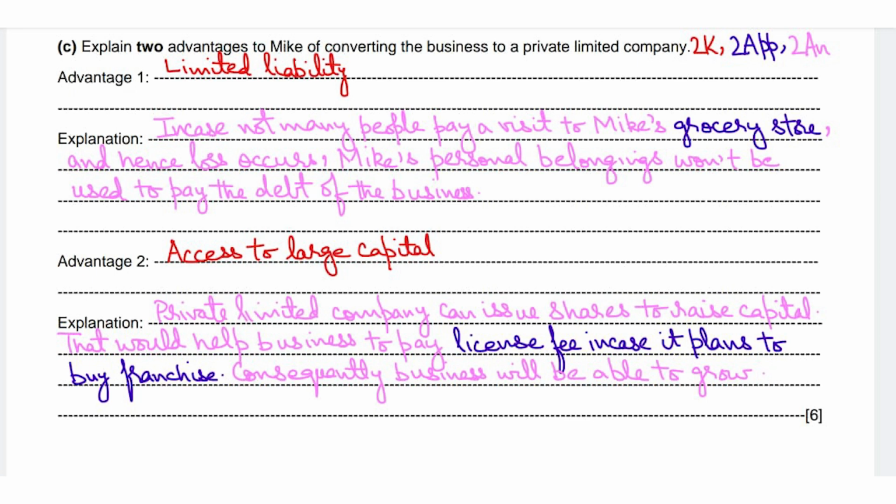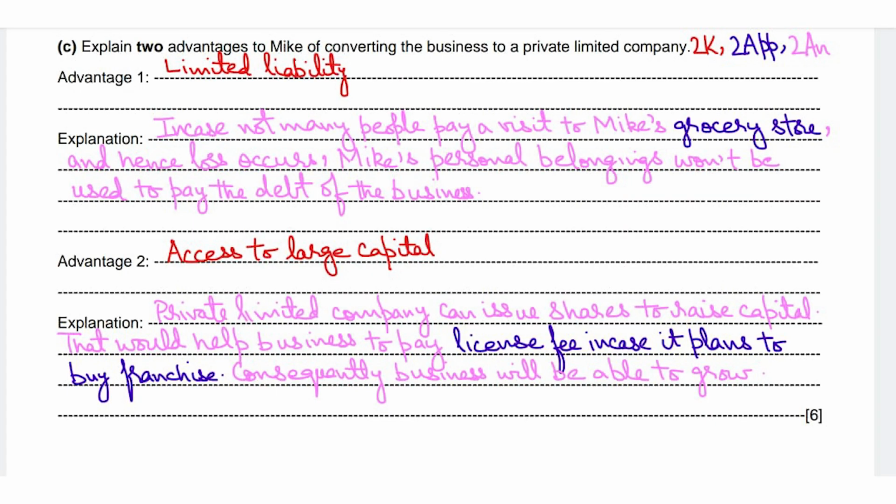Like private limited company has an option to issue shares as well to raise a certain amount of finance. So I am into my analysis now. That would help business to pay license fee in case it plans to buy franchise. Again, a very relevant information because they are planning to grow through franchise business. So this is application, very relevant to the answer I am writing.